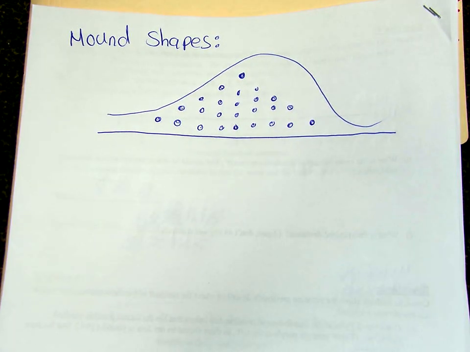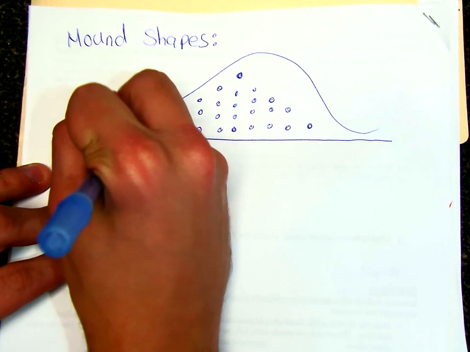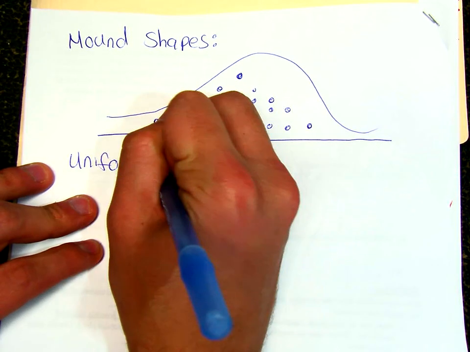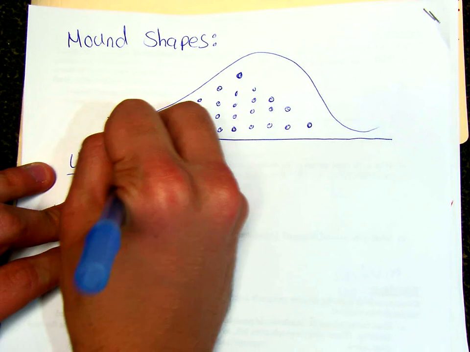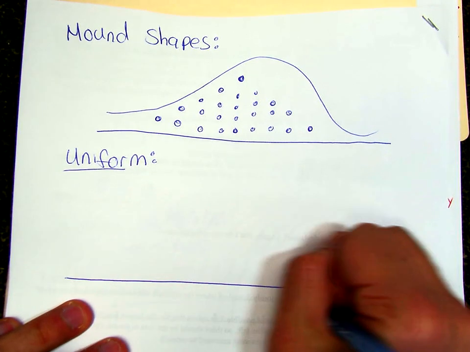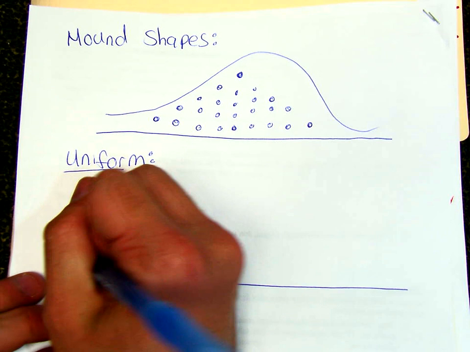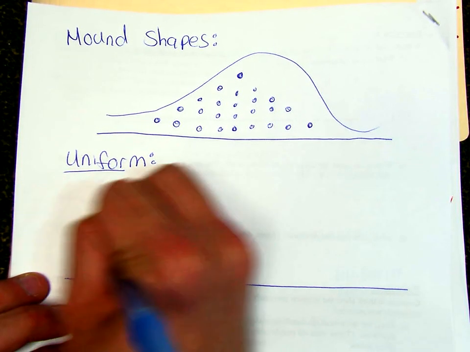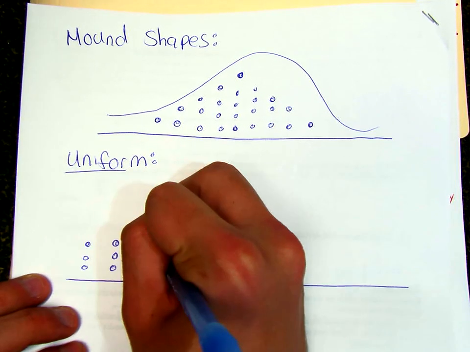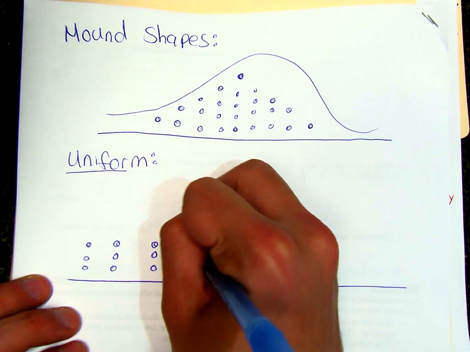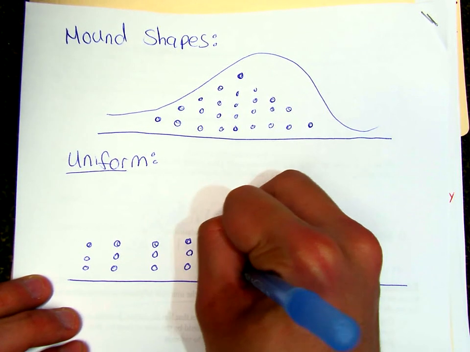But then there's another one called a uniform distribution. We have our general number line, and each one would have the same amount. So I'm just going to pick 3 dots for each one: 1, 2, 3, 1, 2, 3, 1, 2, 3. All the way across, there's just 3 dots for each one.